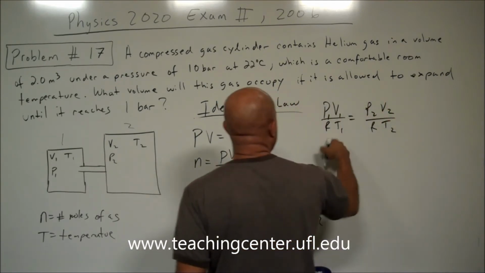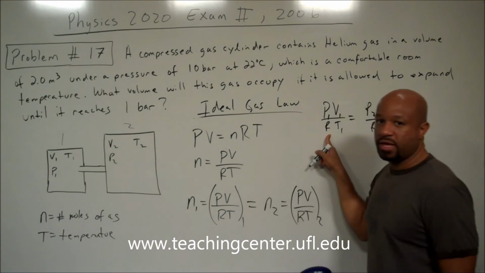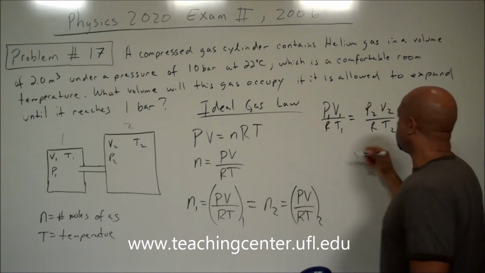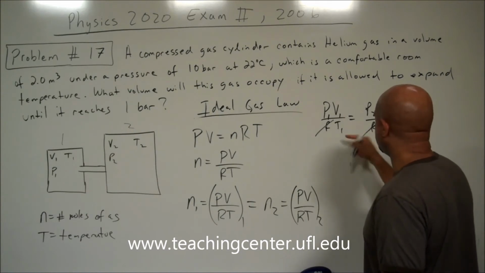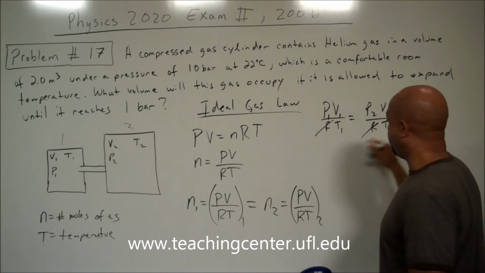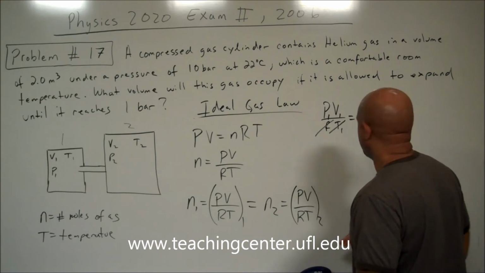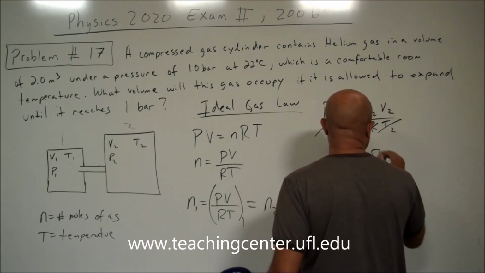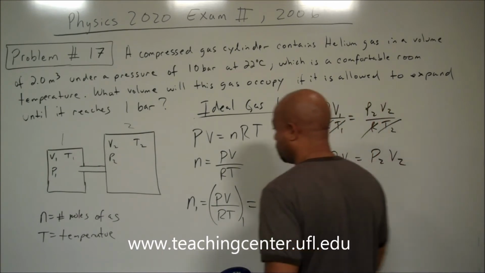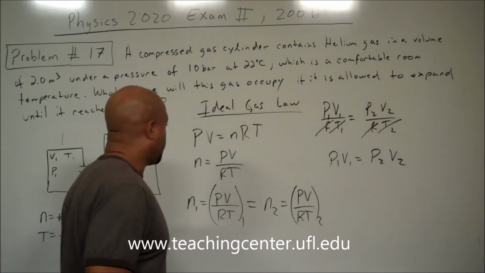Now, R is a constant, so we can cancel it on both sides. The temperature is a constant, so T1 and T2 are the same and cancel out. What we're left with is P1V1 equals P2V2.